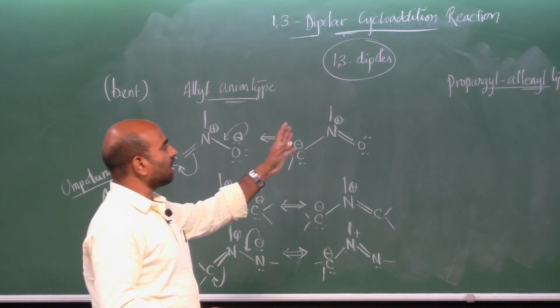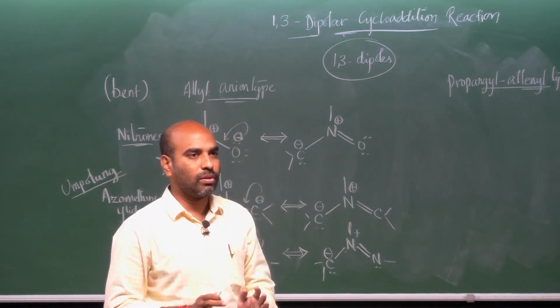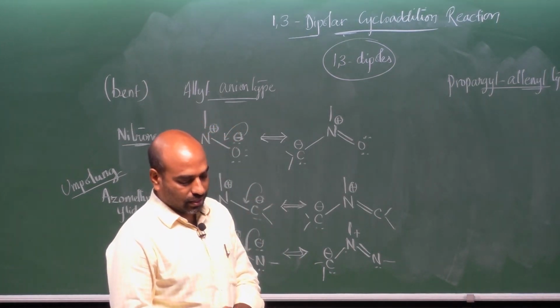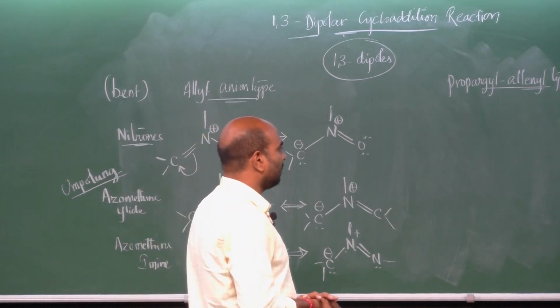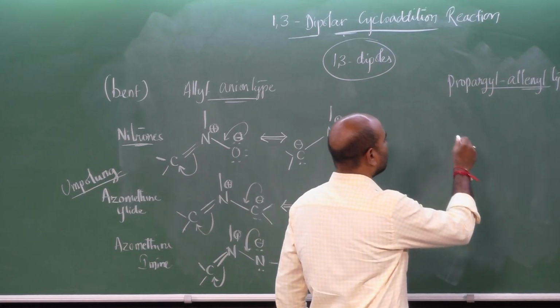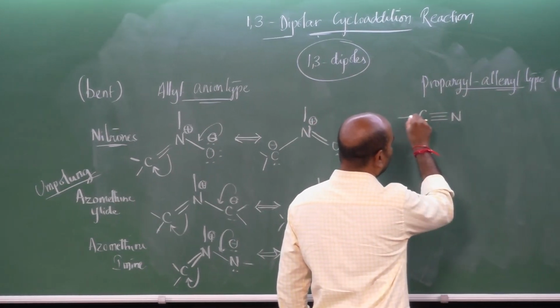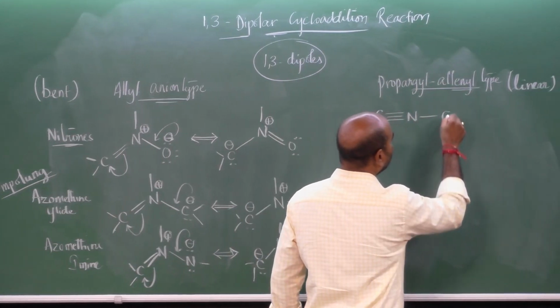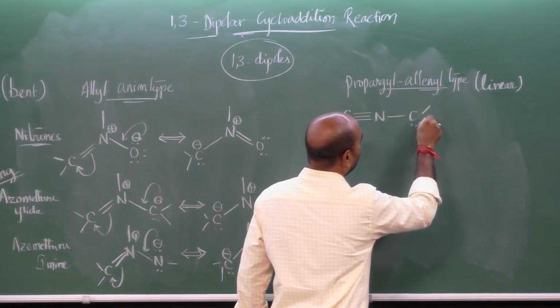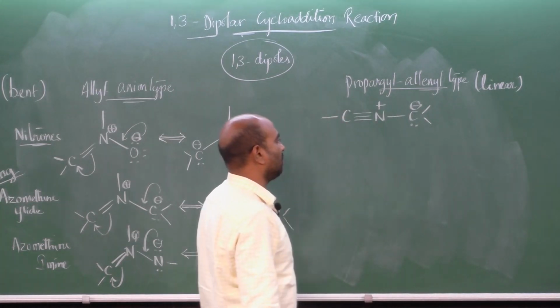Next, coming to the propargyl allenyl type of 1,3 dipoles. Nitrile ylide is one of the examples. These are linear in structure. The nitrile group is there, nitrogen, and ylide means the carbon is with negative charge and nitrogen is with positive charge.